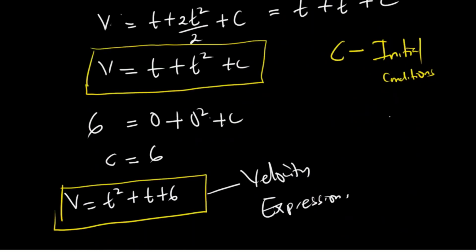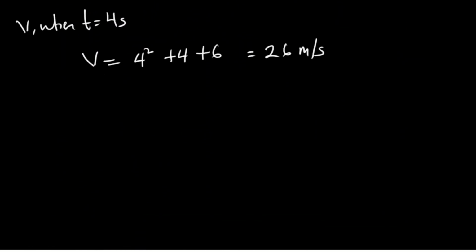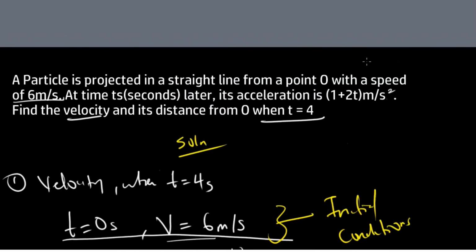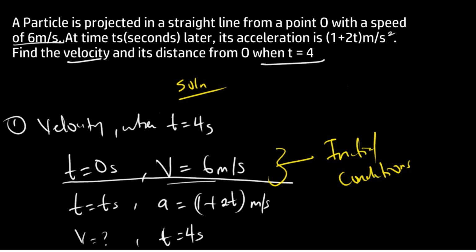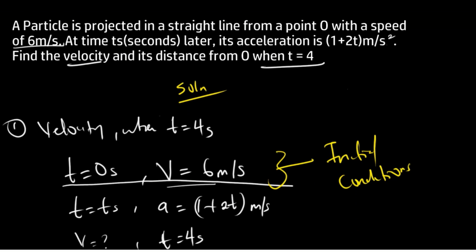So now let's look at the second question, which is to find the displacement. If we go back to the question, we have the distance from O when t equal to 4 seconds. So from this question, we are looking for the distance from point O to the point when t equal to 4 seconds.